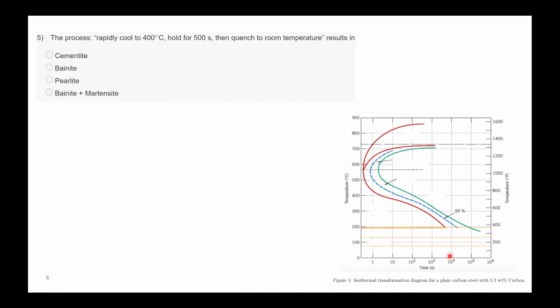Now the process: rapidly cool to 400 degrees Celsius and hold for 500 seconds, then quench to room temperature. Results in your options are cementite, bainite, pearlite, bainite plus martensite. So again the answer will be bainite.